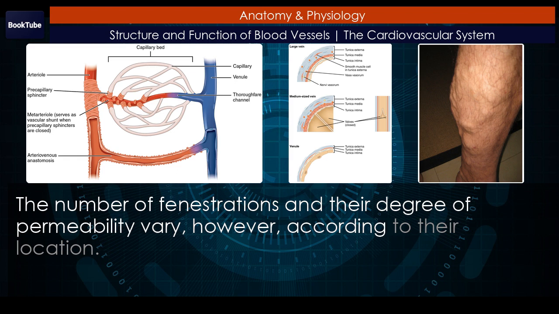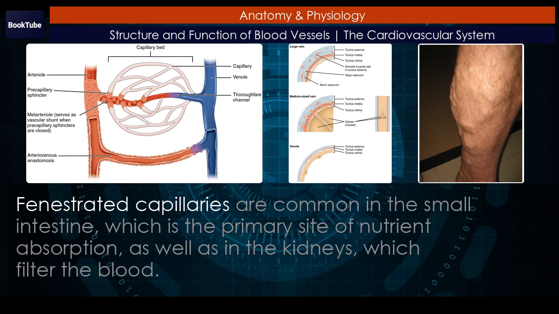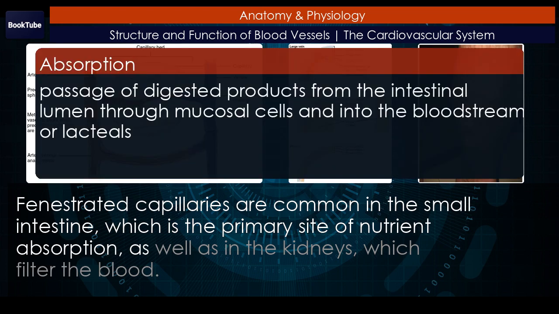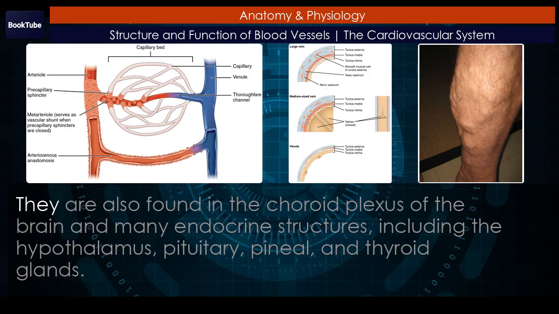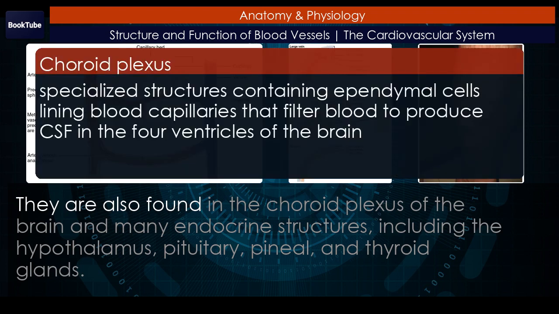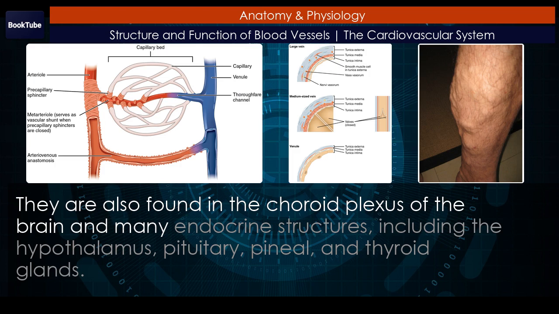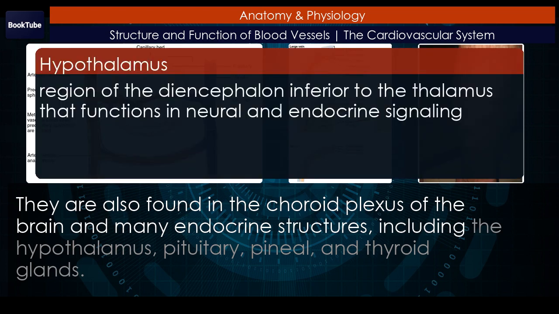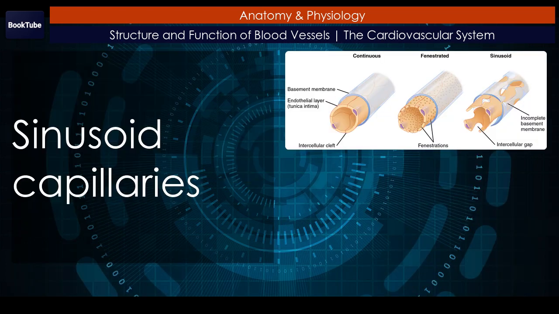However, according to their location, fenestrated capillaries are common in the small intestine, which is the primary site of nutrient absorption, as well as in the kidneys, which filter the blood. They are also found in the choroid plexus of the brain and many endocrine structures, including the hypothalamus, pituitary, pineal, and thyroid glands.